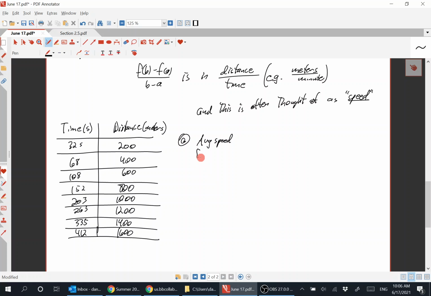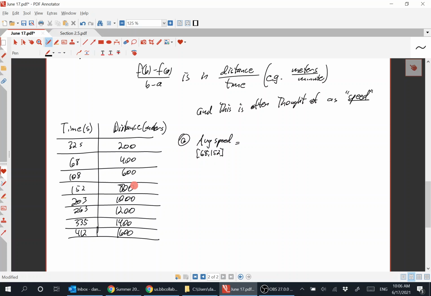So average speed over the interval from 68 to 152, after completing 2 laps to completing 4 laps, so the third and fourth lap.